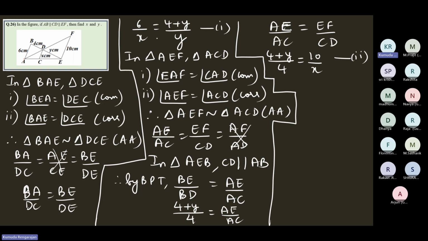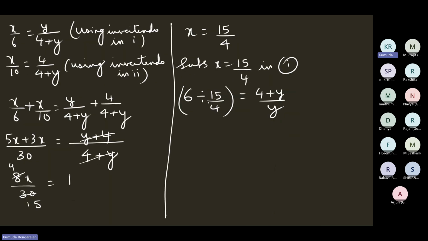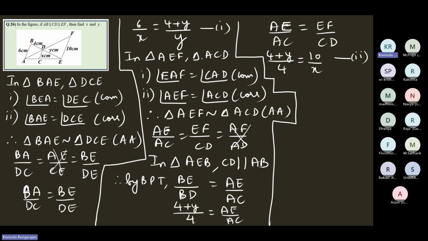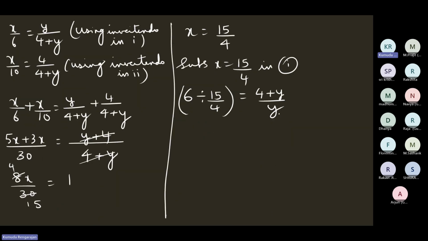So here 6 divided by x, 15 by 4, is equal to 4 plus y by y. We are trying to find the value of y. We don't know y. We found x. So 6 into 4 by 15 is equal to 4 plus y by y.